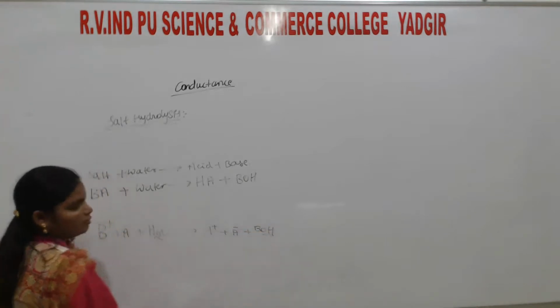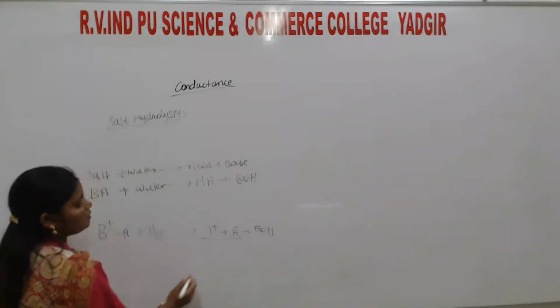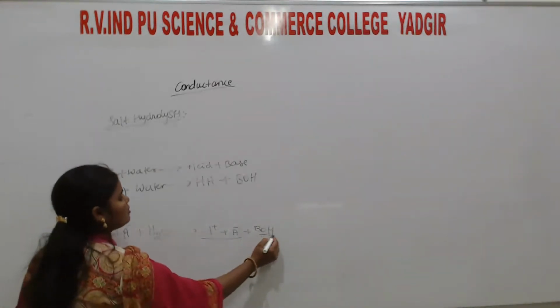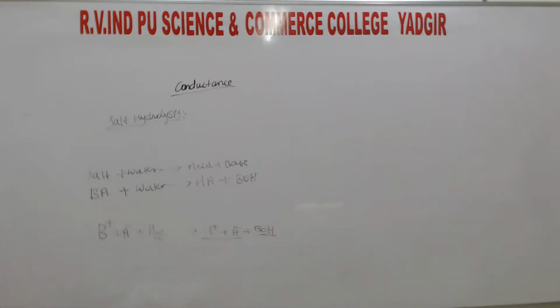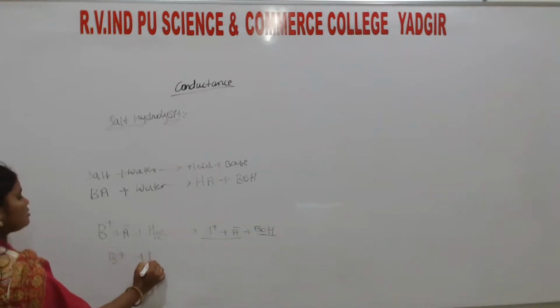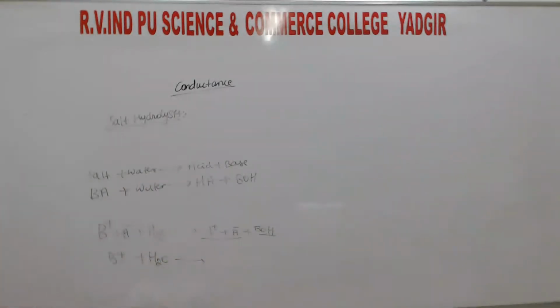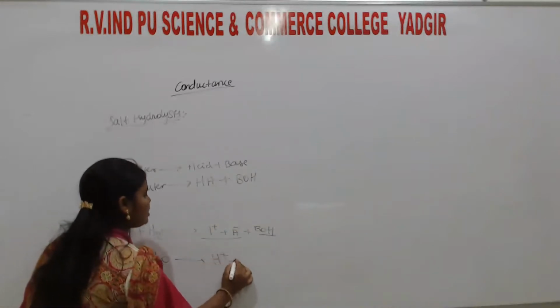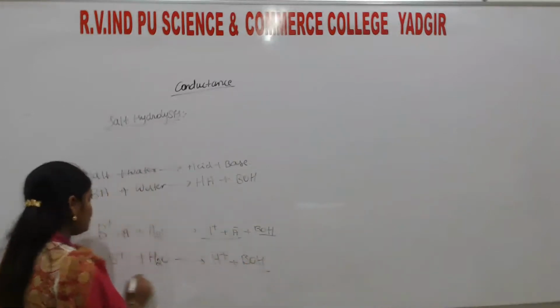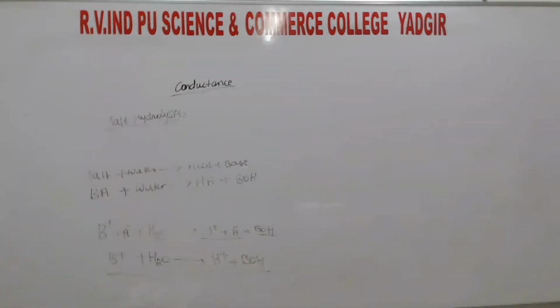Here the hydroxyl group is attached, and the acid is formed along with the base. Then you write B+ plus a water molecule to form H+ and BOH. Here one hydrogen is present, H plus BOH. This process is also salt hydrolysis.